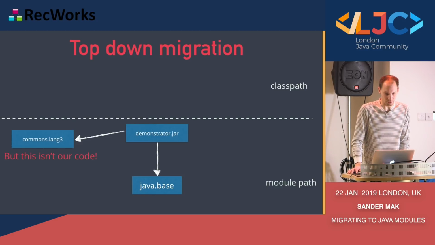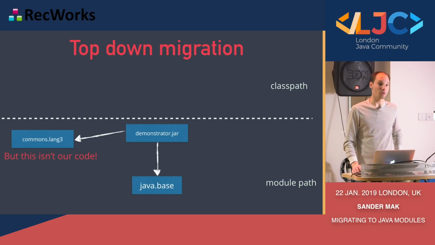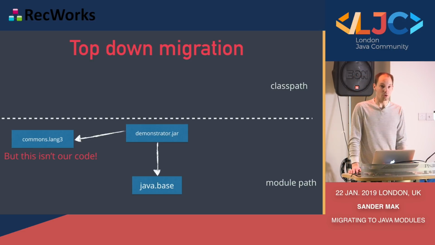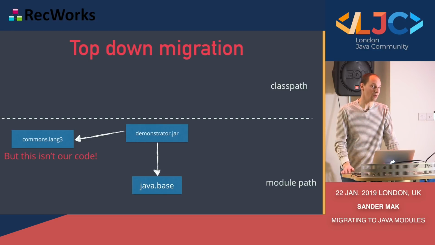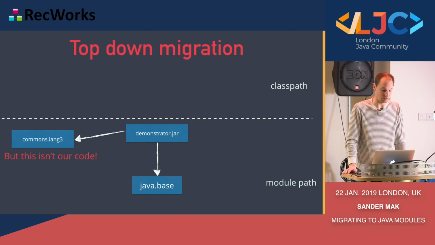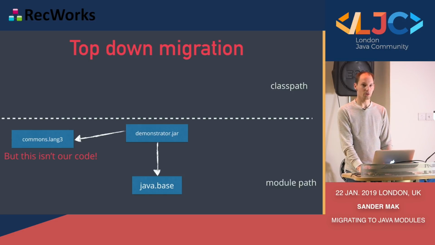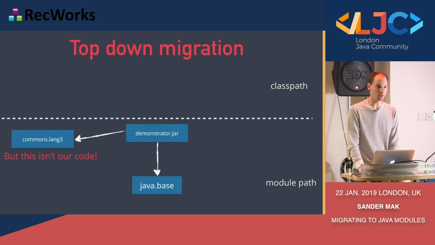But, well, we all know it's not a very good idea to patch other people's code, because you don't know the intent, you don't know really what you need to write in the module descriptor. And it's also maybe something that you could do for a single dependency, but we are not going to do that for 40 dependencies, right? So we don't want to change commons lang. We also don't want to wait for commons lang to migrate to a module. So we need something else.